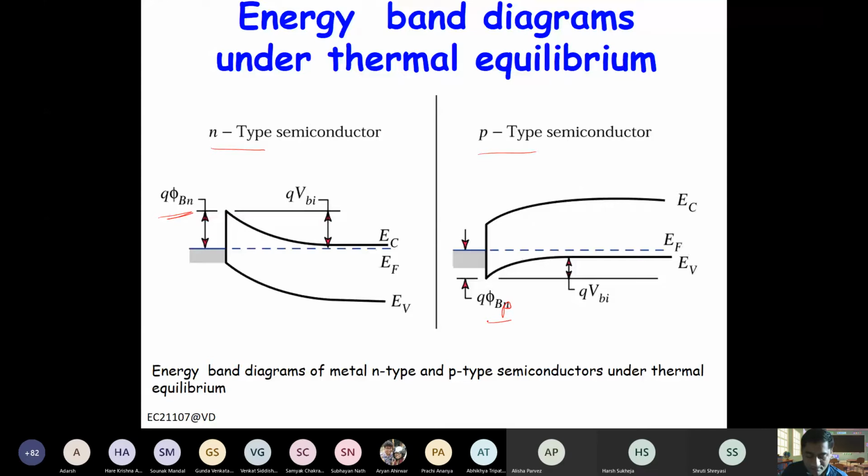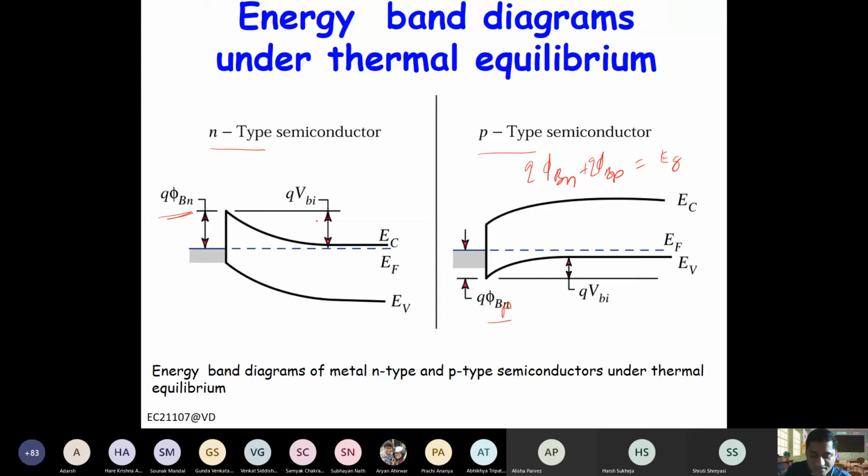Now you notice here the sum of these two heights, phi bn plus phi bp, should be equal to the band gap. Band gap is energy, so you can write Q here, or you can write Eg by Q. Eg is the energy and Eg by Q will be the potential. So phi bn plus phi bp will be Eg by Q. So the barrier heights for electron and hole are related basically.